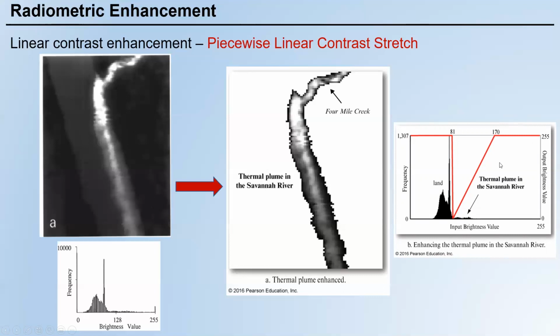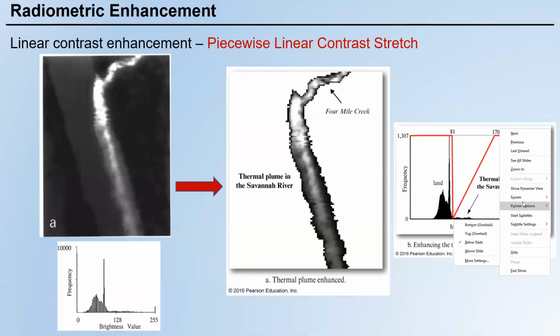Only pixels for 4 Mile Creek are stretched by this linear function, okay? And obviously their dynamic range has been enhanced, because let me show you this again.